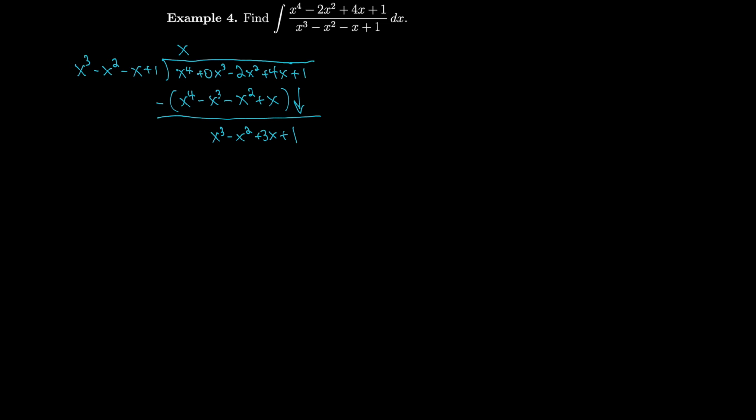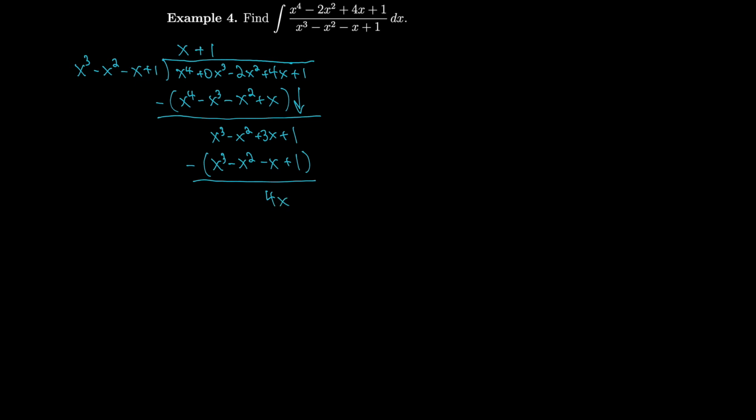And we divide again. X cubed divided by x cubed is 1. We multiply, we get x cubed minus x squared minus x plus 1. And we subtract. We get 4x.